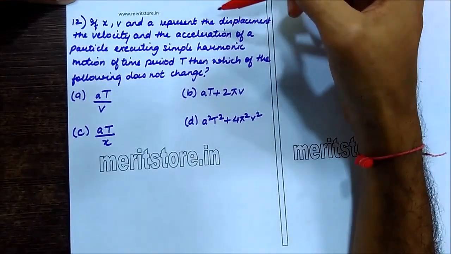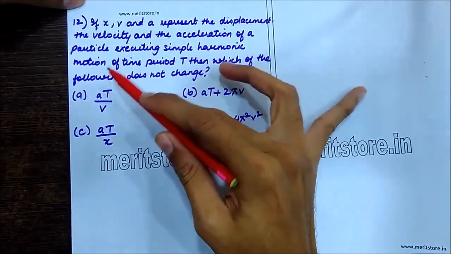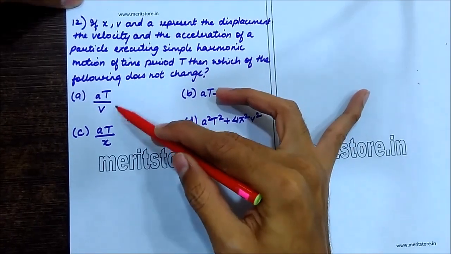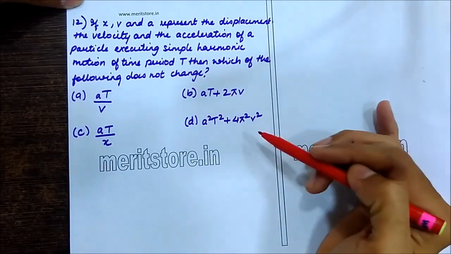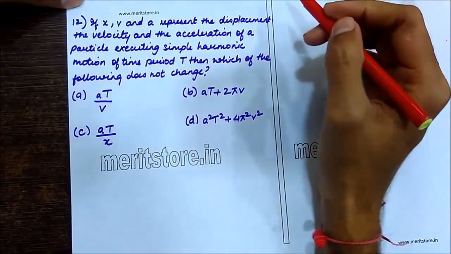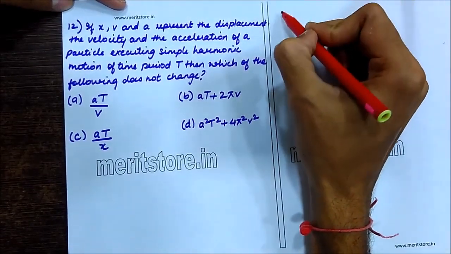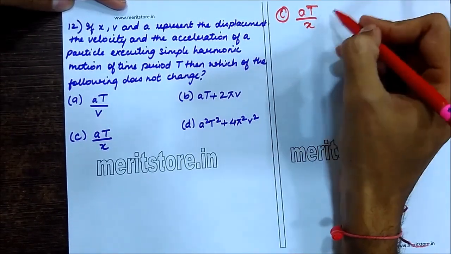If x, v and a represent the displacement, the velocity and the acceleration of a particle executing simple harmonic motion of time period T, then which of the following does not change? aT by v, aT plus 2 pi v, aT by x, or a T square plus 4 pi square by v. So we have to take each and every term and see which does not change. I'll take the third one, aT by x, that is acceleration times T upon displacement.